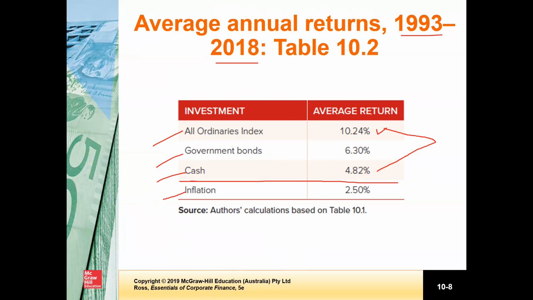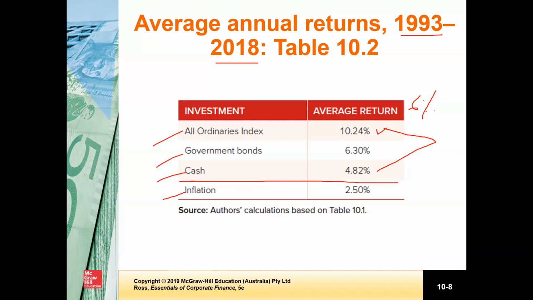Now, this roughly 6% return is called the risk premium. It is called the risk premium because it is essentially an excess return for the additional risk that we take on by investing in this risky investment.